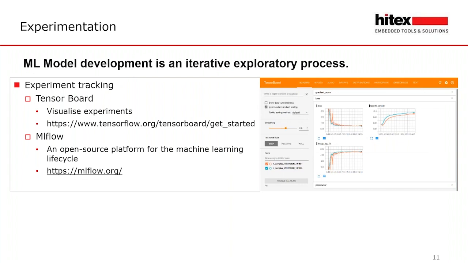As we are developing our machine learning model, there's a lot of experimentation involved. So you'll define the model, you'll train it, and then you go around that loop a number of times, tweaking various factors until you get a model that you're happy with.